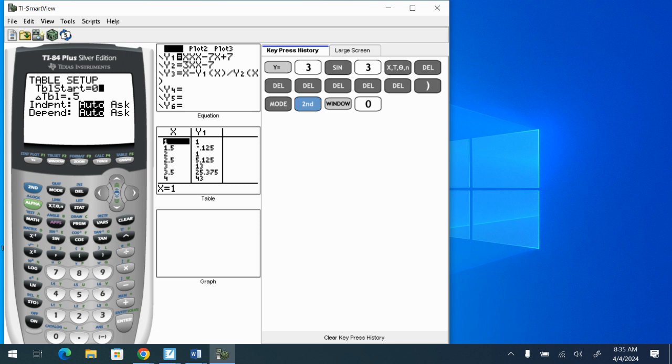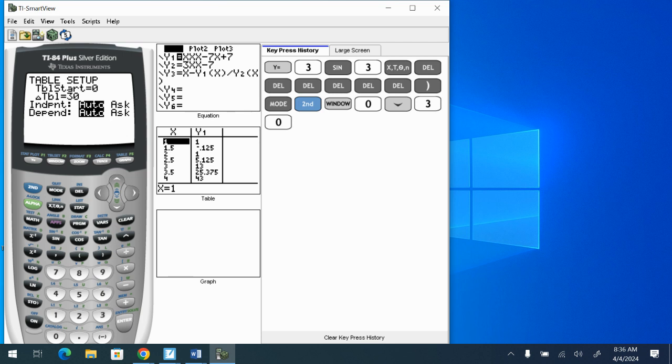I want to set delta table, which means how much you're going up to get to the next value. So if I put a delta table as 10, I'm going to go 0, 10, 20, 30, 40, 50. Well, what I want to do is go up every 30 because I don't want all that other stuff in there. So that's going to tell me to use my table, and I'm going to go 0, 30, 60, 90, 120, and so on.